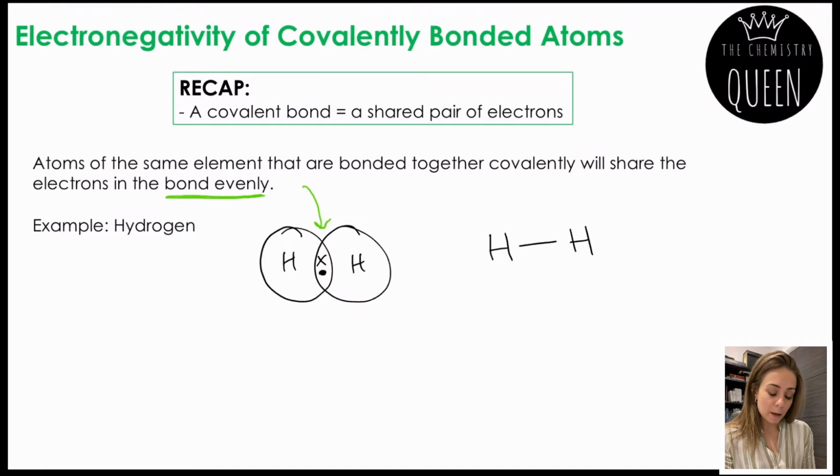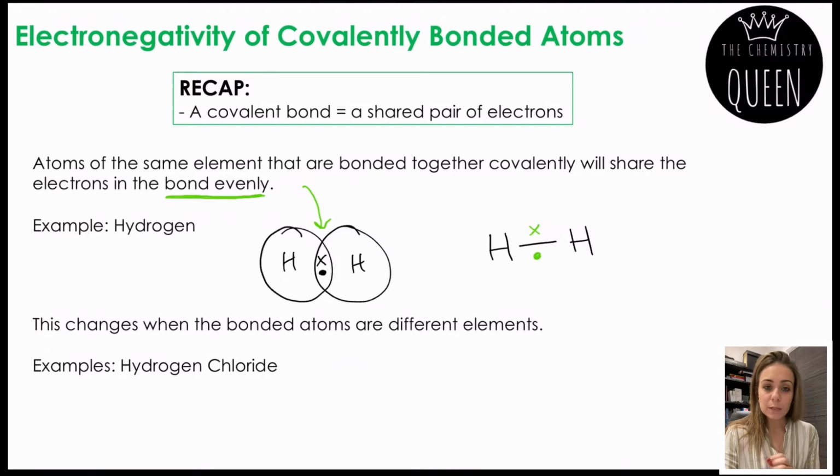However, in this case I'm just going to add them in just because I want to show that if the atoms are the same element, in this case we've got two hydrogen atoms bonded together, the electrons that are in the covalent bond will be shared evenly, which means they will lie directly in the middle of the two nuclei of the two atoms that are bonded together. So they will lie directly in the middle or directly in the center of the two atoms.